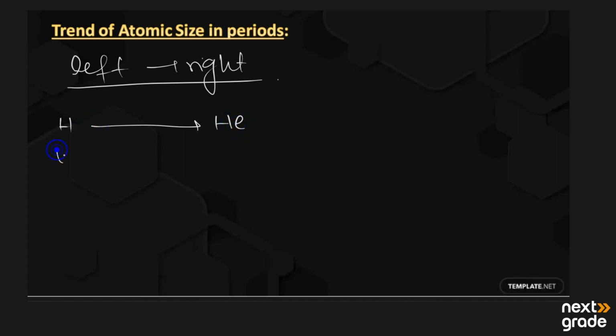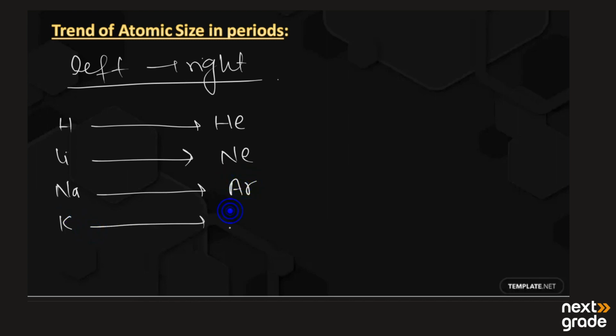In the second period we have lithium to neon, in the third period sodium to argon, and in the fourth period potassium to krypton. Hydrogen has atomic number 1 and helium has atomic number 2. Lithium has atomic number 3 and neon has 10, sodium has 11, and argon has 18.